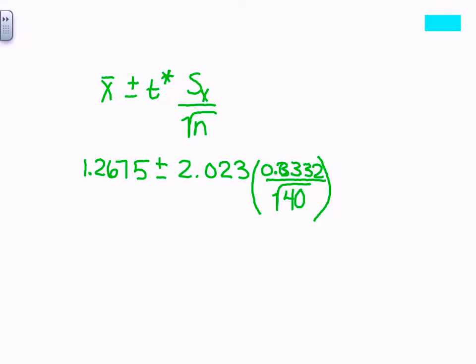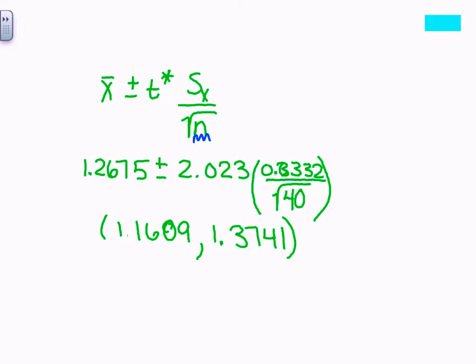Last year, some of my students had an issue going back to n, but it's not degrees of freedom here. You are talking about the actual sample size of 40. Running through calculations, and we are going to look at it in the calculator as well, you will get a confidence interval of 1.1609 to 1.3741.